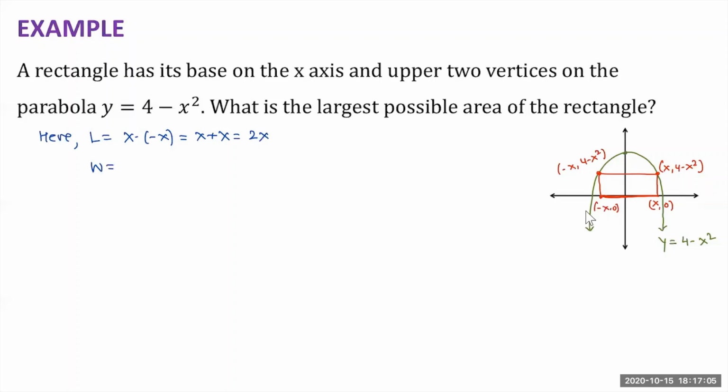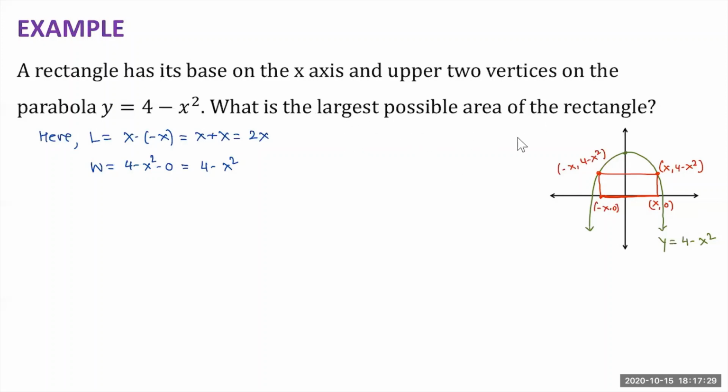And the width or the height of the rectangle is the difference in the y coordinates. Here the y coordinate is 4 minus x squared and here is 0. So 4 minus x squared minus 0 is 4 minus x squared. We want to maximize the area. What is the largest possible area of the rectangle?